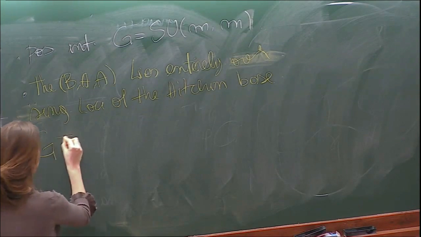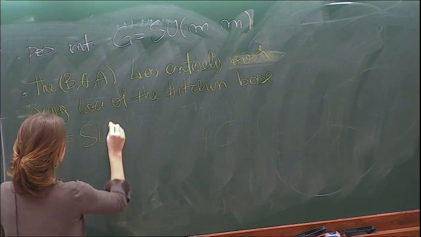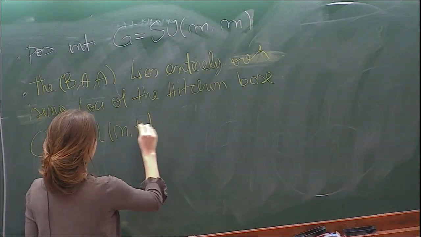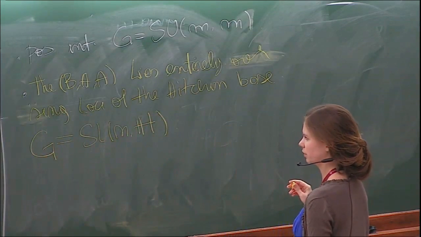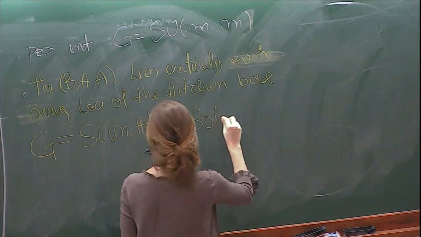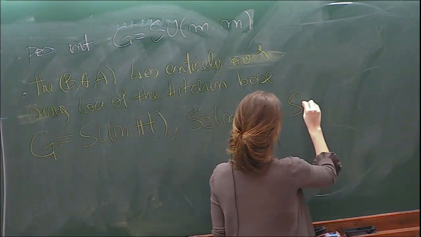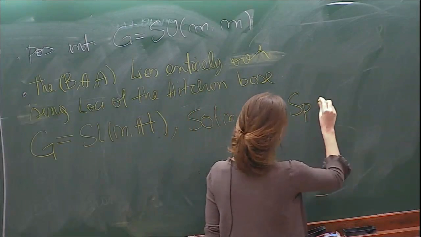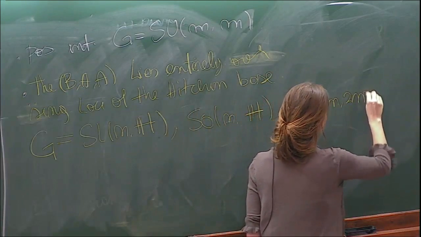So if you take G, the real form, for instance, the special linear group with coefficients the octonions, the quaternions, or you take SO with quaternions, or you take the symplectic group with signature 2M, 2M, so the same signature.